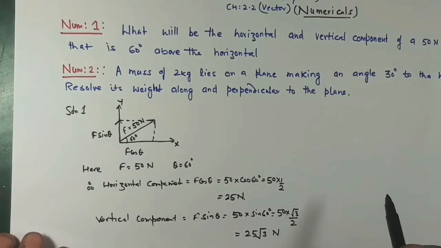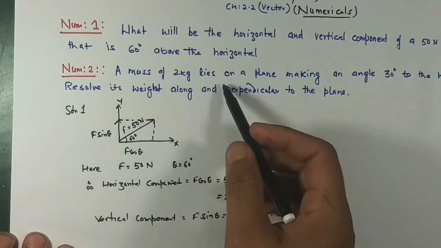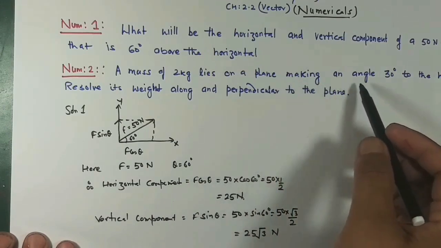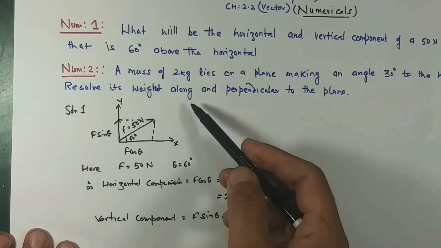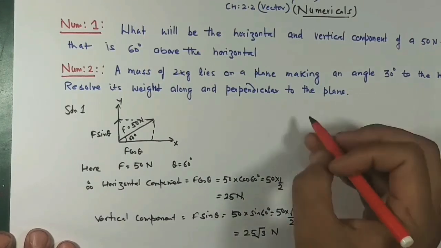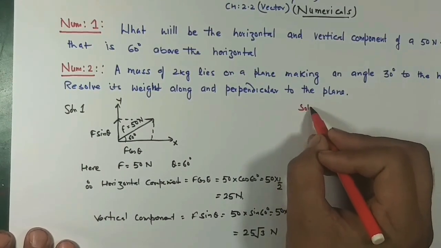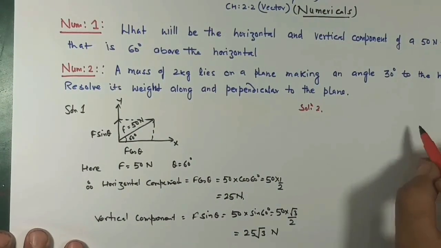And now let's come to second numerical. A mass of 2 kg lies on a plane making an angle 30 degree to the horizontal. Resolve the weight along and perpendicular to the plane. So solution for numerical second, it is like this.